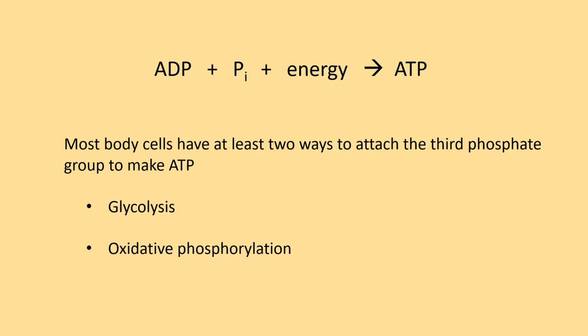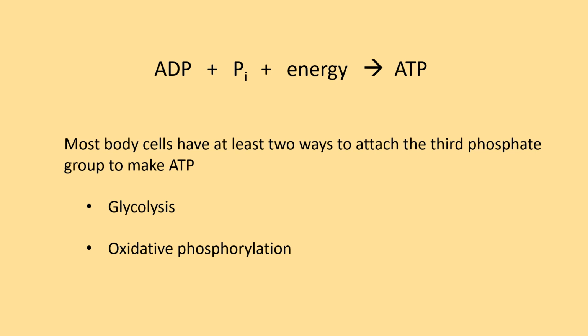So here's that overall energy requiring reaction. We start with a molecule of ADP and we need to attach an inorganic phosphate. That's the P sub i, that just means inorganic phosphate. We need to attach those things to each other. That's an energy requiring reaction.